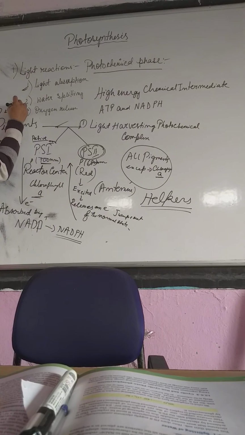Later on, the hydrogen reduces the NADP to give NADPH, and this oxygen is released. This oxygen is the ultimate product of photosynthesis. If you look into your book, you can see this.